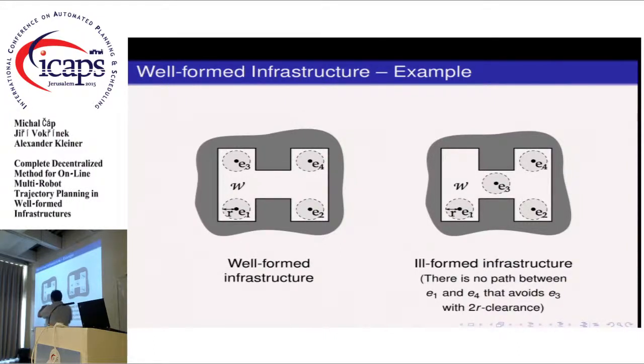Here, we can find a path between all pairs of endpoints that doesn't intersect any other endpoint. In contrast, this is not a well-formed infrastructure because there is no path from this endpoint to that endpoint that would not cross this endpoint with enough clearance. So we guarantee that the algorithm works for this class of environments.